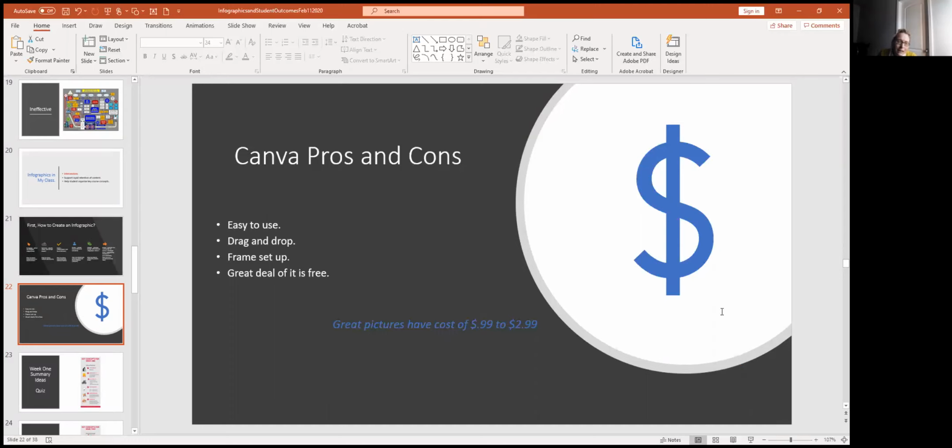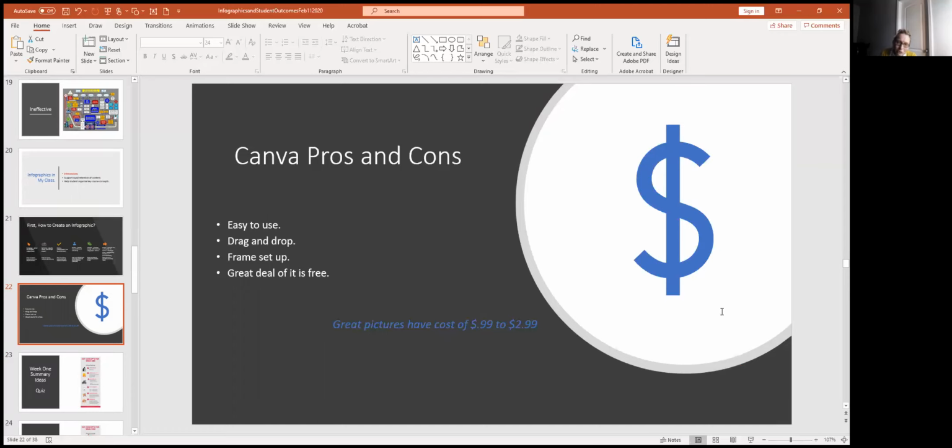So I like that. It is free for basic visuals. Once you get into it, though, you're going to want to combine your text and your visuals, and some of the more interesting visuals do cost money. So while it is free initially, and if you stay with very basic infographics, it can be free. If you get in there and you begin to see some interesting visuals, as I did, it's not completely free.